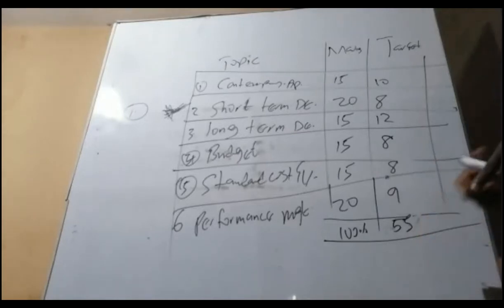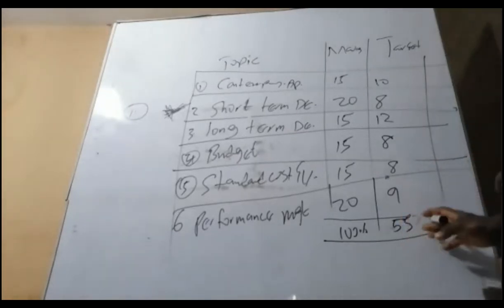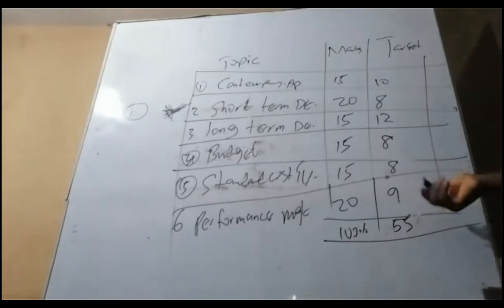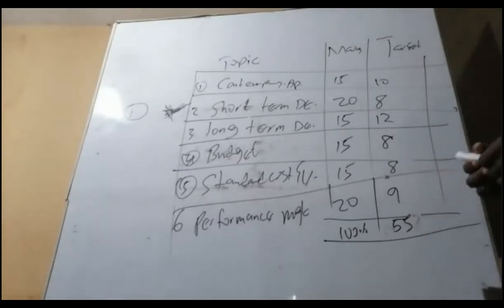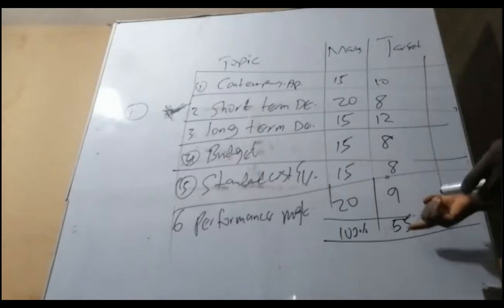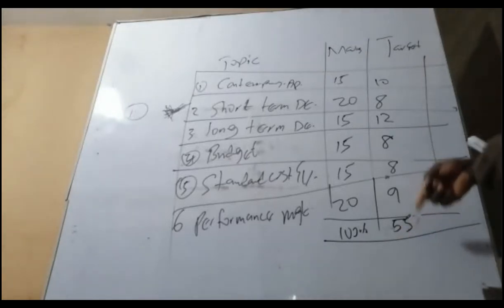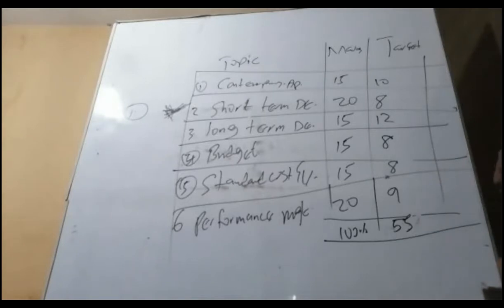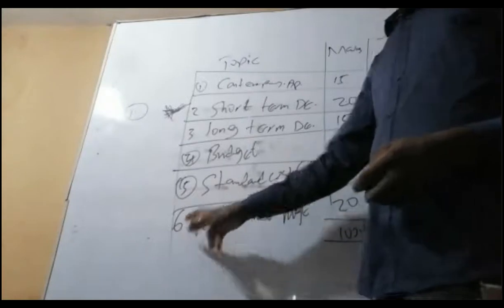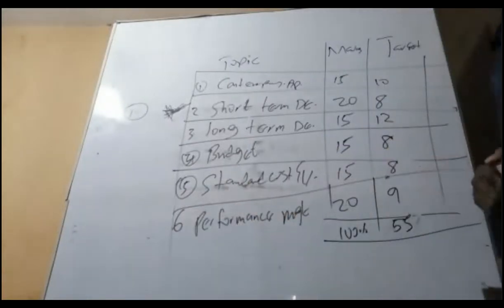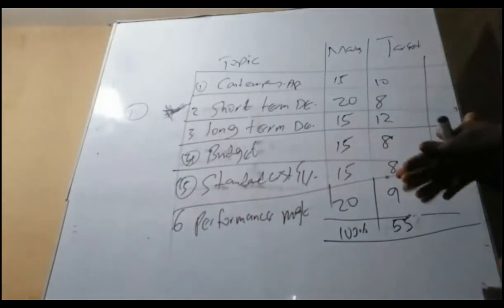It means that when you score above 55, you add the remaining one to it. But if you score below 55, that means you owe me a mark. Now the issue is this. There are 6 topics here, and 2 of them are stubborn, and 4 of them are not.